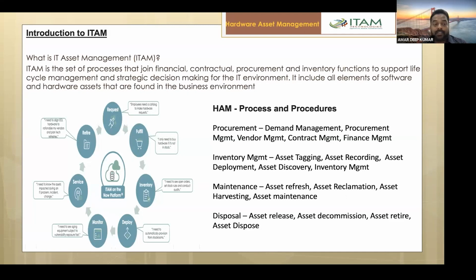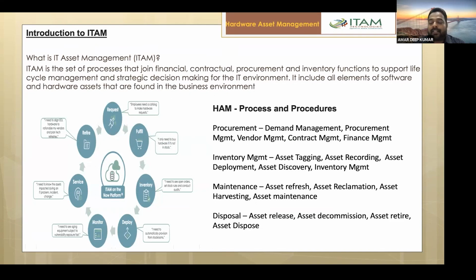And then inventory functions. Inventory functions means whenever we receive the asset, we will also keep track of the function of those assets. And then the life cycle comes into the picture. It means the moment you receive your asset in your premises, the asset life cycle will get started.